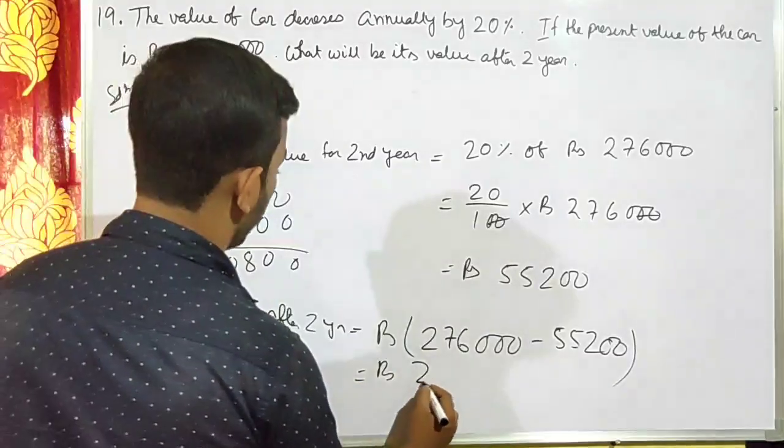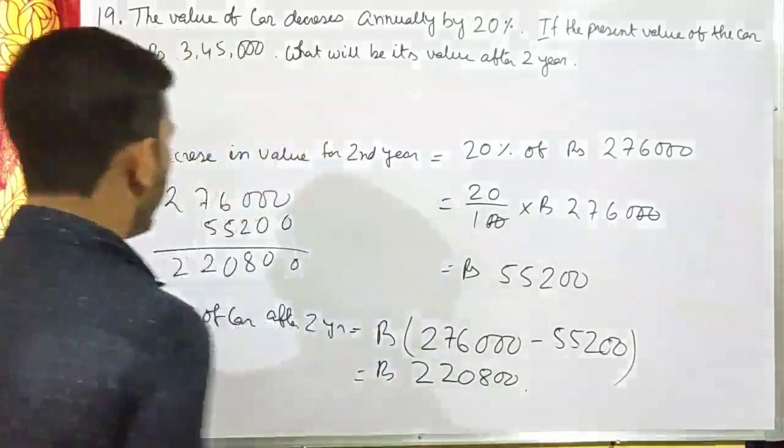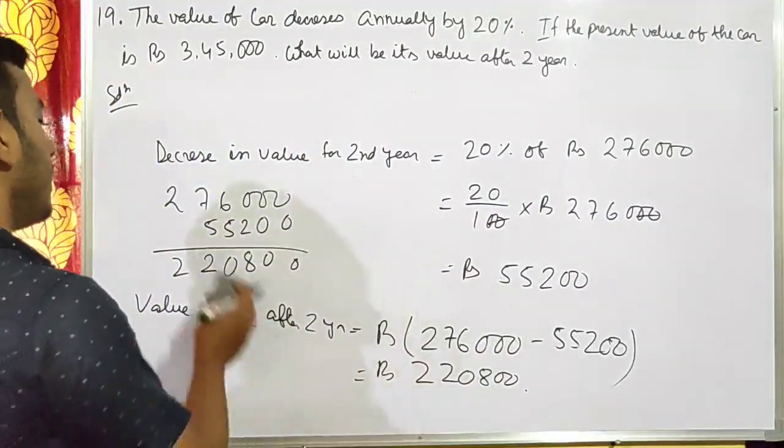So it will be 2,20,800. Okay, so the value of the car after the second year is 2,20,800.